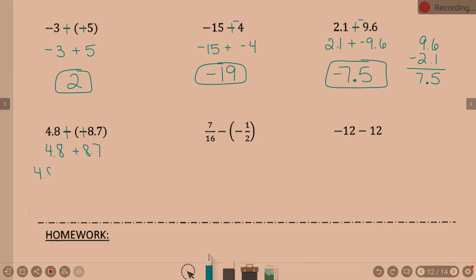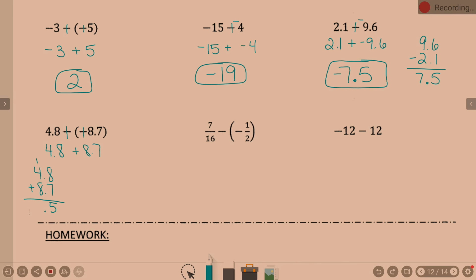So, add them up. 4.8 plus 8.7. Notice I lined up my decimal points again. 8 plus 7 is what? 15. Carry the 1.